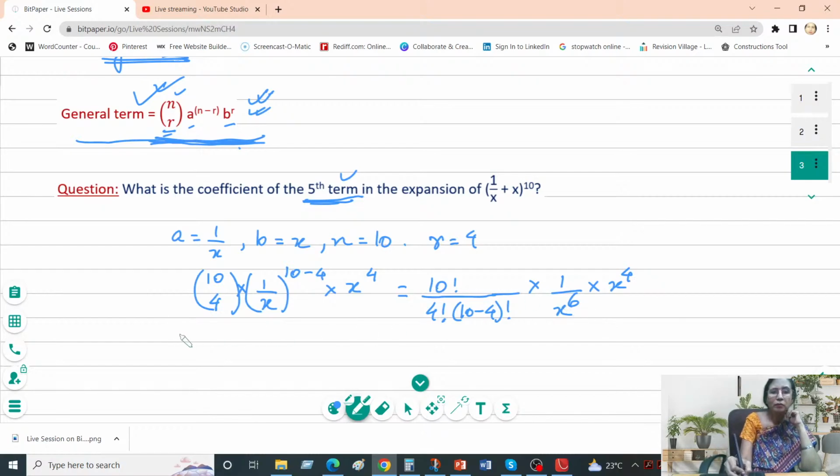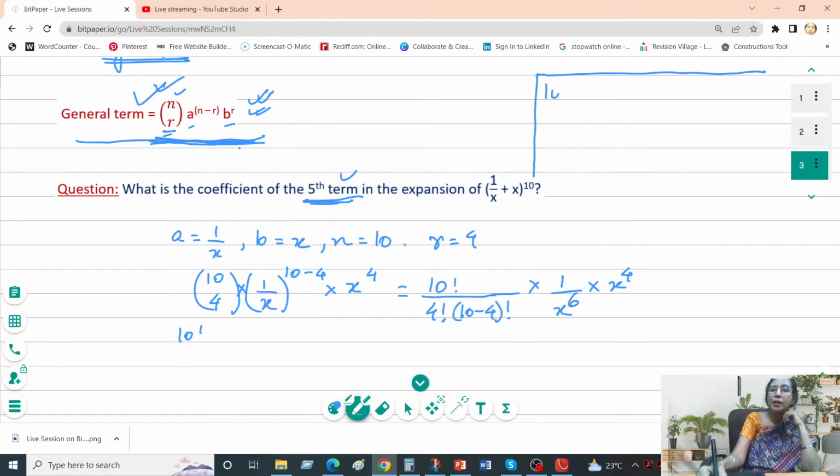So let us try to do it manually as much as possible. I can just get the value of this part, 10C4, over here. Again, I make a rectangular box. 10 minus 4 is 6 factorial.